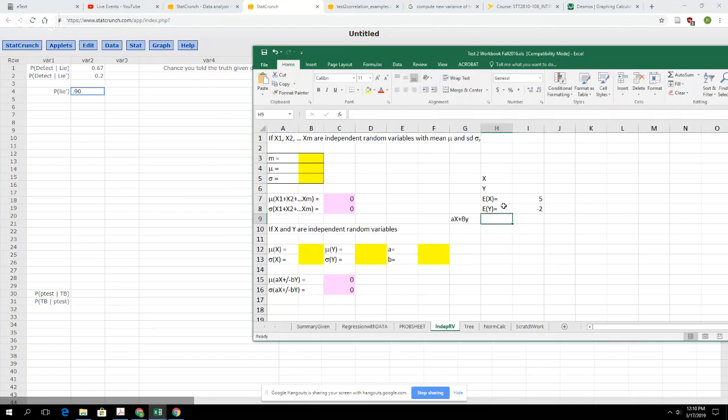Let's say the standard deviation of our random variable x is 2.8, just for giggles, and the standard deviation on y is very big. We'll say that's 10, just because we can.